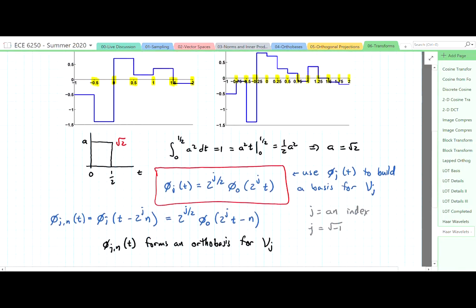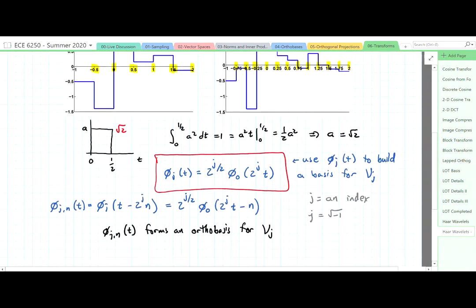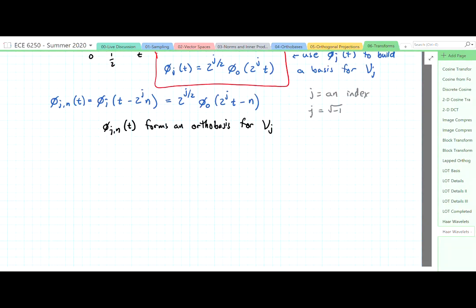One other little notation thing before we move on. If we start out, as we do, with our phi naught of t, when we go to phi 1 of t, we end up with something like this.